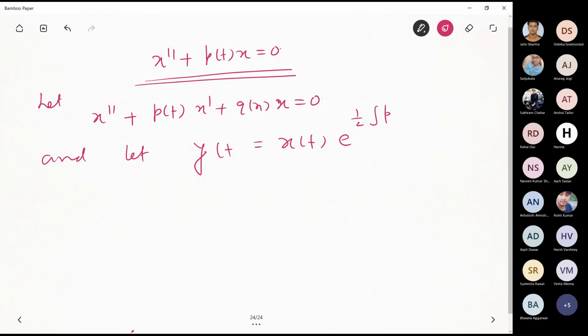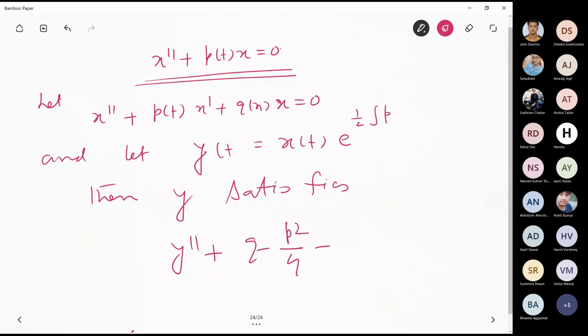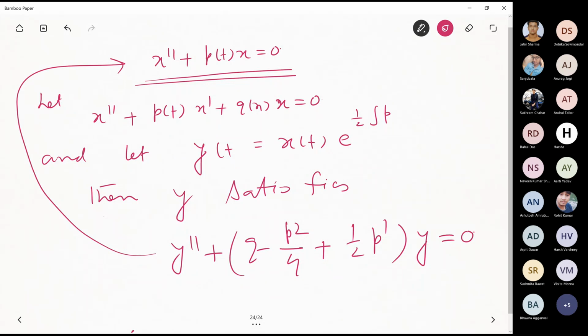Then you will get that y satisfies an equation like this: y double prime plus (q minus p square by 4 minus half p prime) y equals 0. It is not difficult to check. You can check it easily. So this is an equation of this type, and it is enough to study the equations of this type.